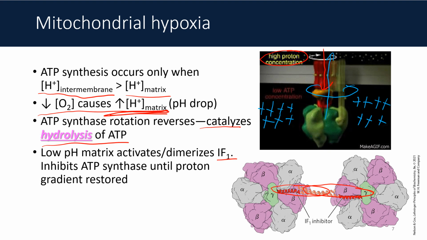It's kind of like throwing a wrench into the spokes of a wheel or a gear. It's going to mechanically jam the enzyme. It will inhibit this sadistic reverse ATP synthesis process until we restore the proper directionality of our proton gradients.